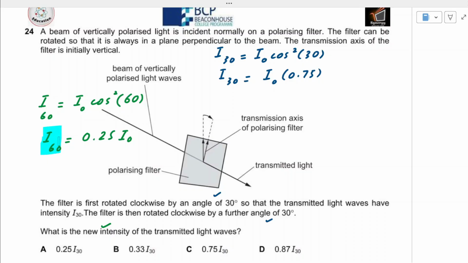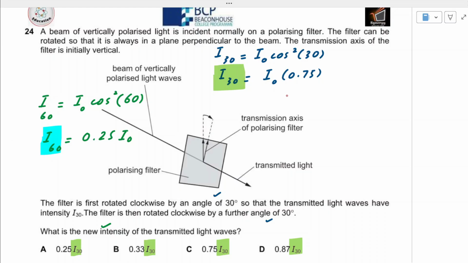You need to find the value of this not in terms of I naught. You see, the new intensity is 0.25 times whatever the original intensity was, but you need to find the value of the new intensity in terms of I30, in terms of this one.